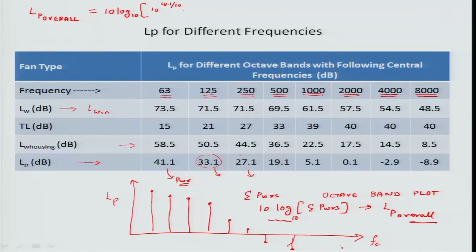Second number is 33.1, so I put 10 to the power of 3.31. Third number is 27.1, so 2.71.